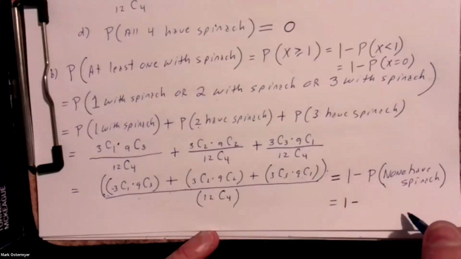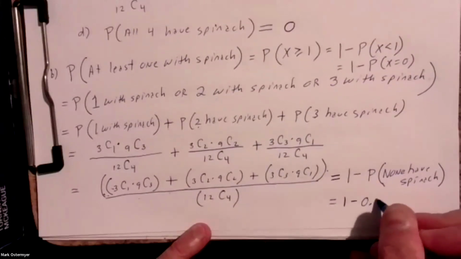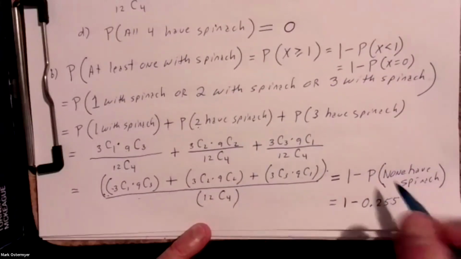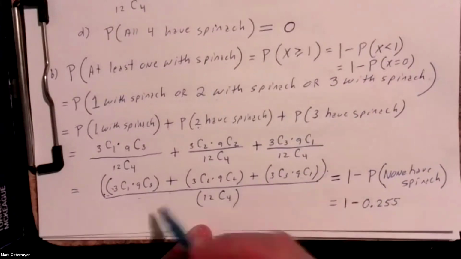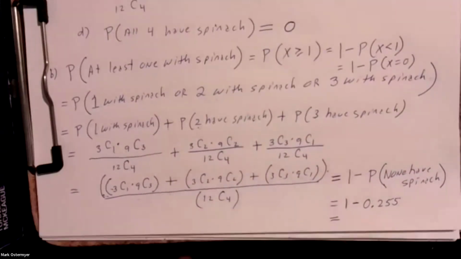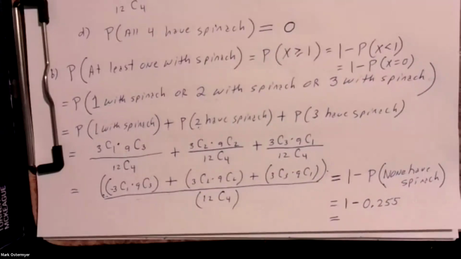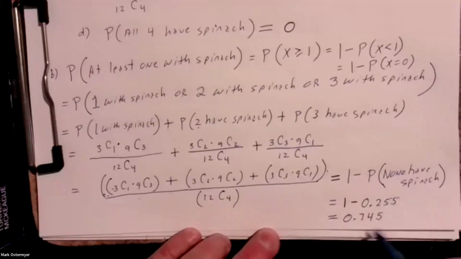Wasn't it 0.255? All we had to do for this problem is take 1 minus the probability that none have spinach, which we already computed in part A. What's 1 minus 0.255? What does that give you? 0.745? Yes. See how much easier that is, ladies and gentlemen, with the complementary probability rule?